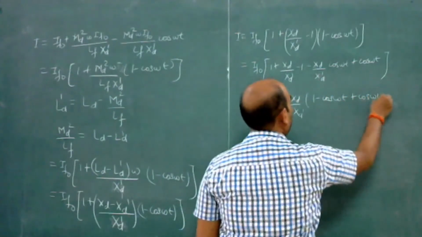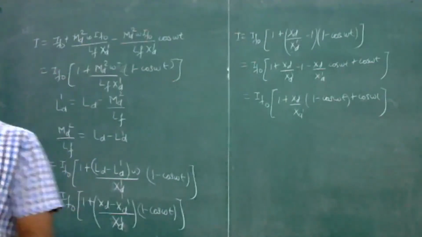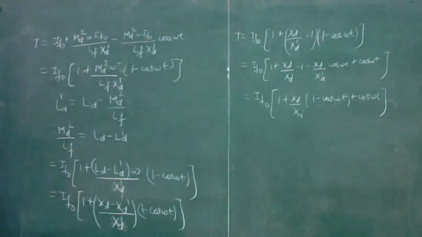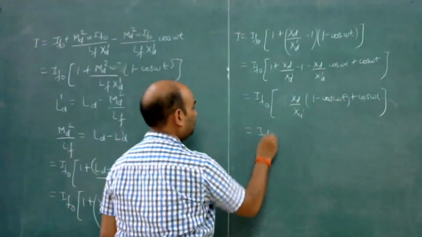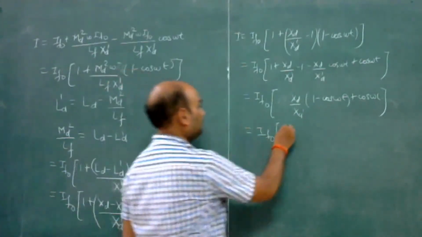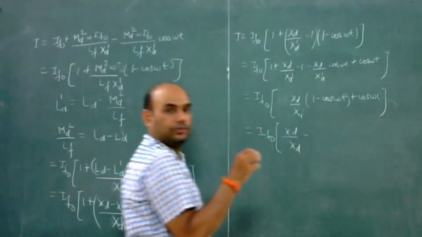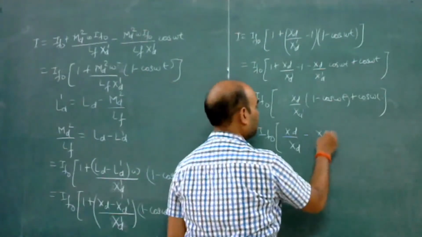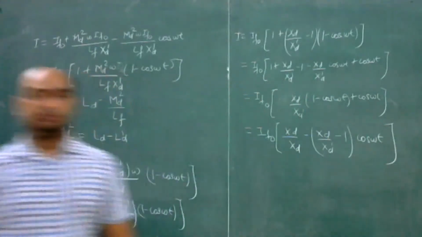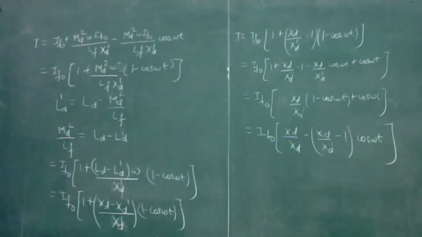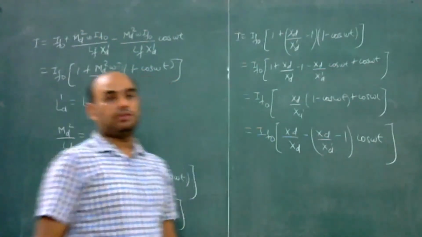So the field current consists of a DC component and a fundamental frequency component. This will be the DC component and this will be the fundamental frequency component.